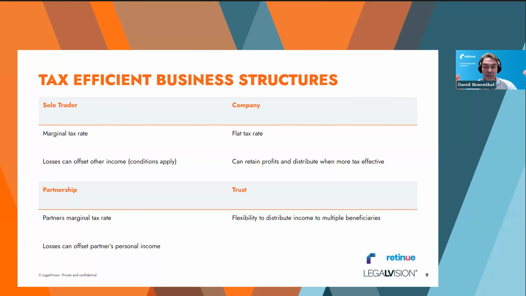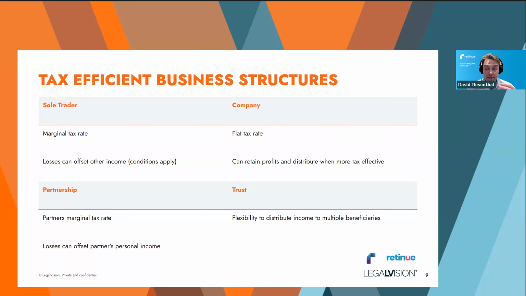The next stage up on the structure pyramid is the partnership. With a partnership, the advantage is, once again, you have the partners' marginal tax rates. A partnership doesn't pay tax. Whatever happens in the partnership gets split two ways. So 50-50, if you make $100, each partner takes $50 of income and pays tax on that at their marginal rate.